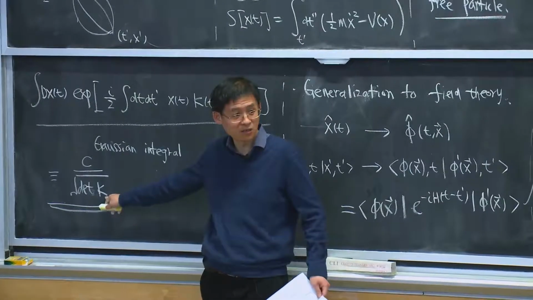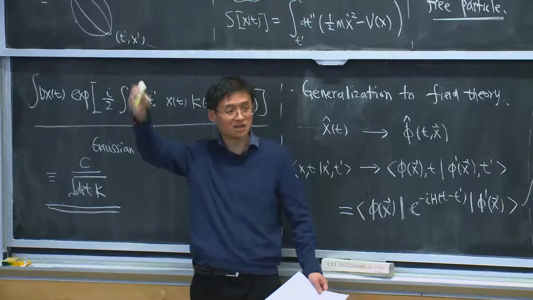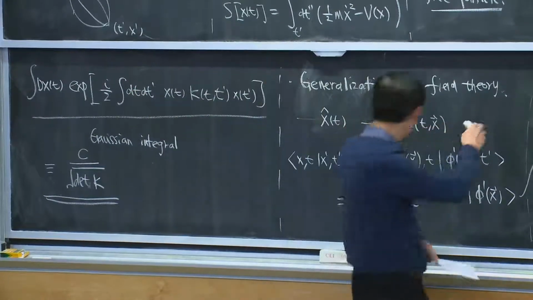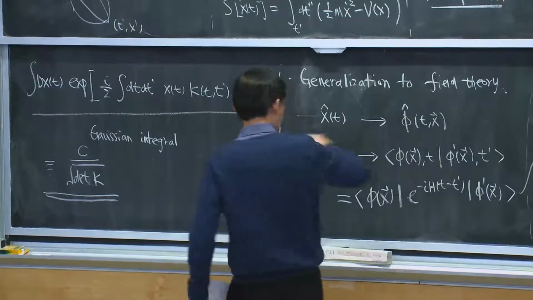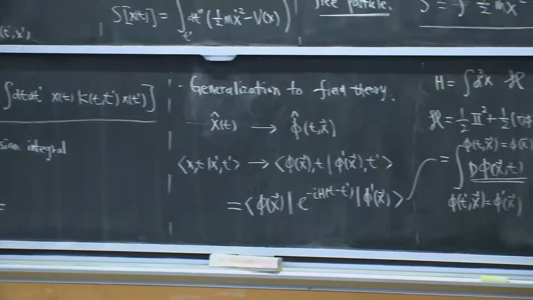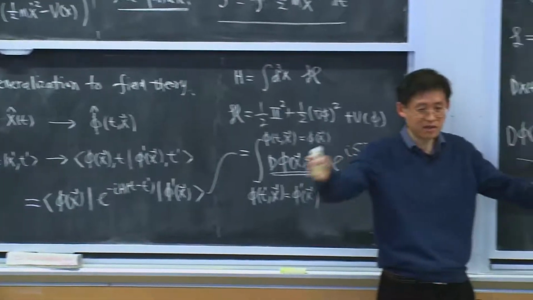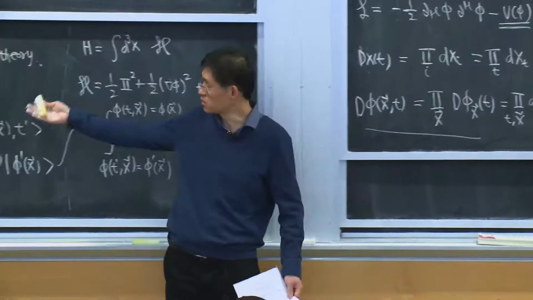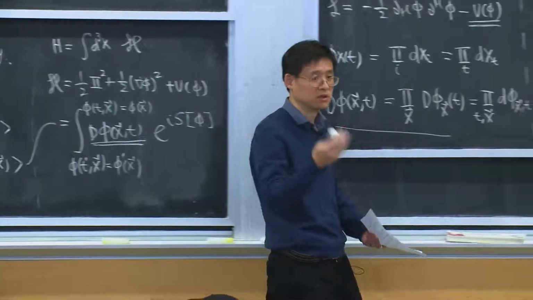Just this K is an operator in a more complicated space. Now you not only have the space of t, but you also have the space of x. But once you generalize to some space of functions, it doesn't matter that this function becomes more complicated. Conceptually they're the same.